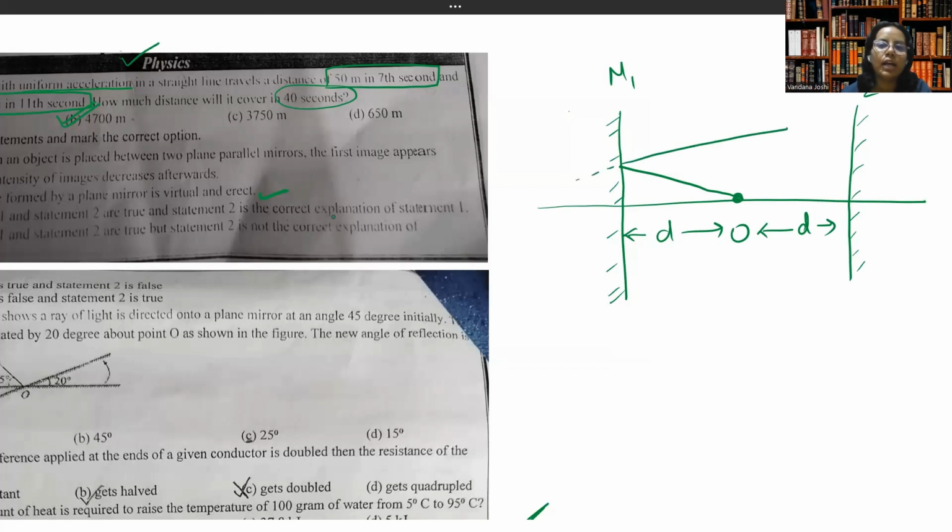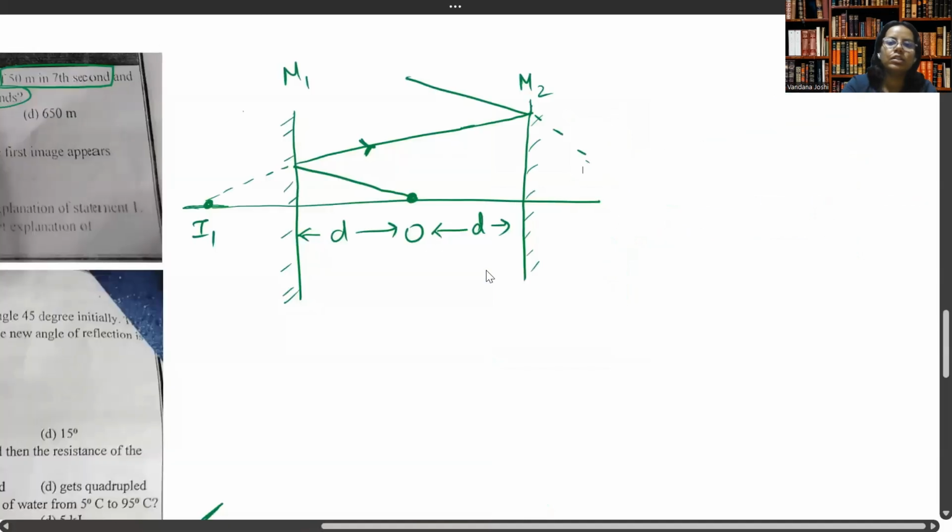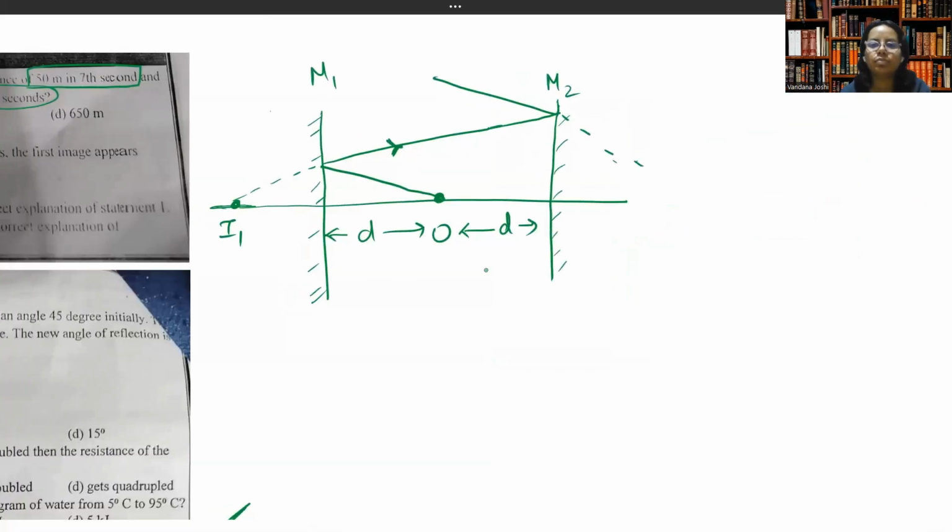Now, when we take this back, this is going to be the image of the object. Let's call this I1. Now, this reflected ray is going to be used as the incident ray for M2, and then again reflection will take place and there would be an image formed over here.